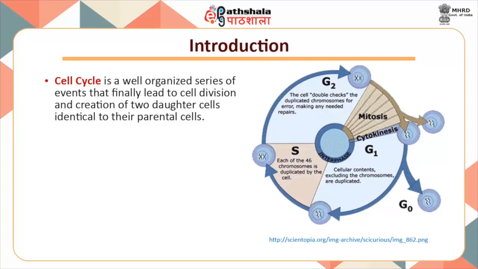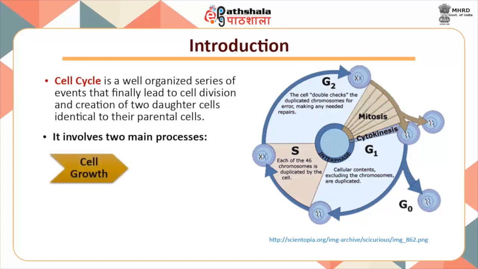Growth and reproduction are characteristics of cells. All cells reproduce by dividing into two, with each parental cell giving rise to two daughter cells each time they divide. Cell cycle mainly involves two main processes.